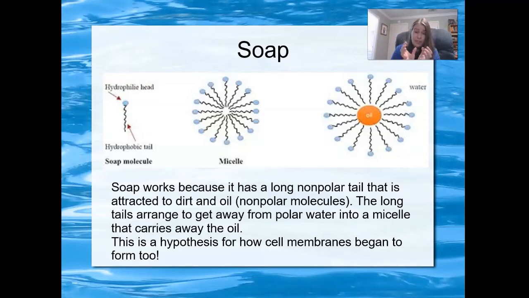So it pushes the nonpolar parts together and puts the hydrophilic parts on the outside. And if that starts to sound like something you've heard of in biology, yes, that's actually pretty much one of the hypotheses of how cell membranes evolved, because of this natural behavior of these molecules.